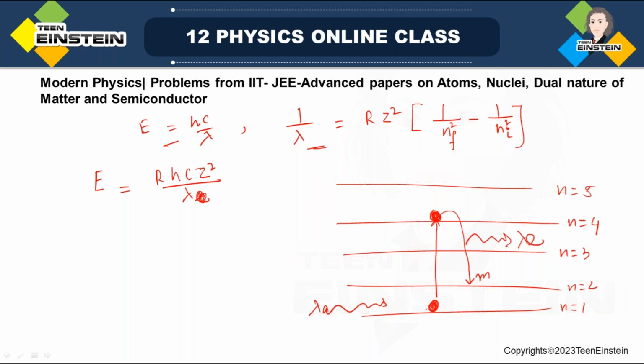In general, this is the general formula, and along with that we can write 1 over n final square minus 1 over n initial square.